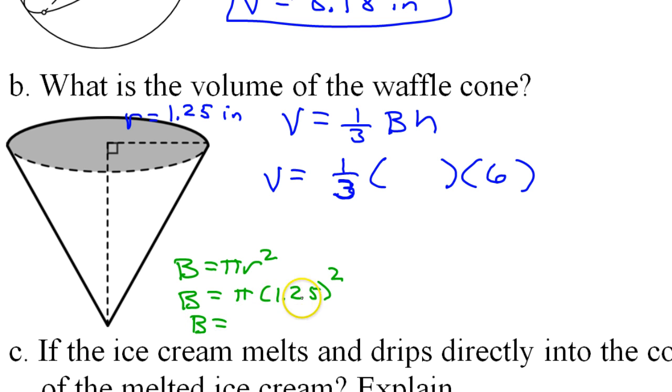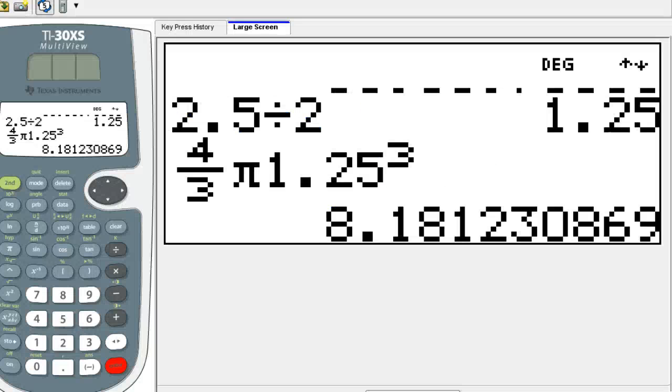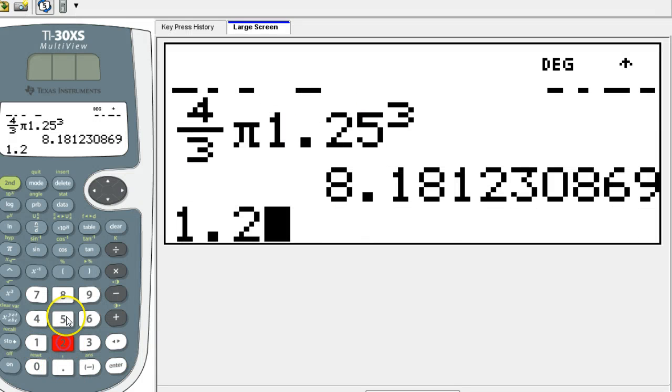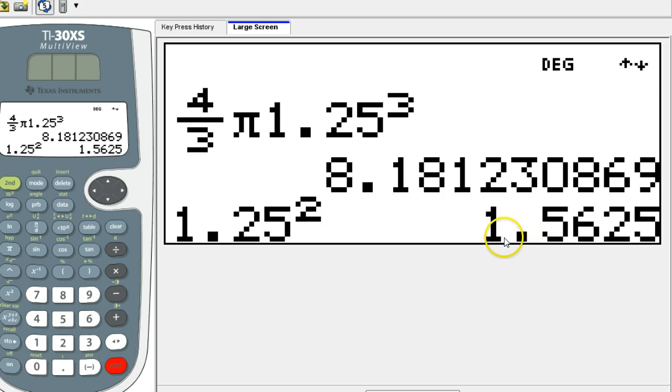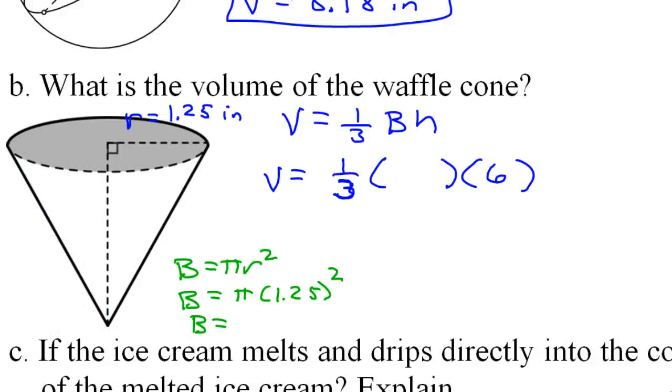So 1.25 squared is 1.5625. I'm going to carry all the decimals because it's not the end of the problem, so I don't get to round yet. So I've got 1.5625 pi.